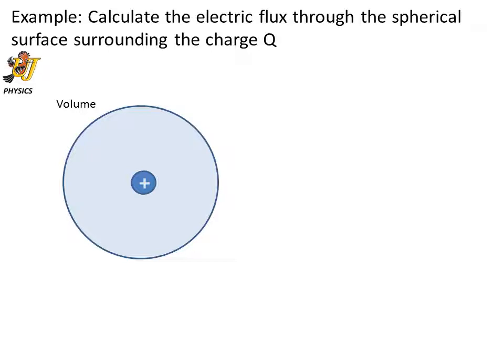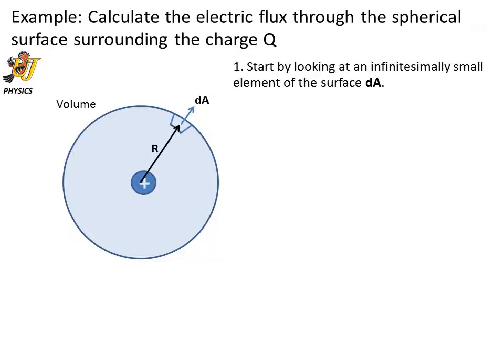Therefore, in order to calculate the electric flux, we need to divide the spherical surface into a number of tiny surfaces, each characterized by a tiny surface or area vector dA. We know that if we choose these surface elements to be small enough, the electric field variation across this surface will be negligible.